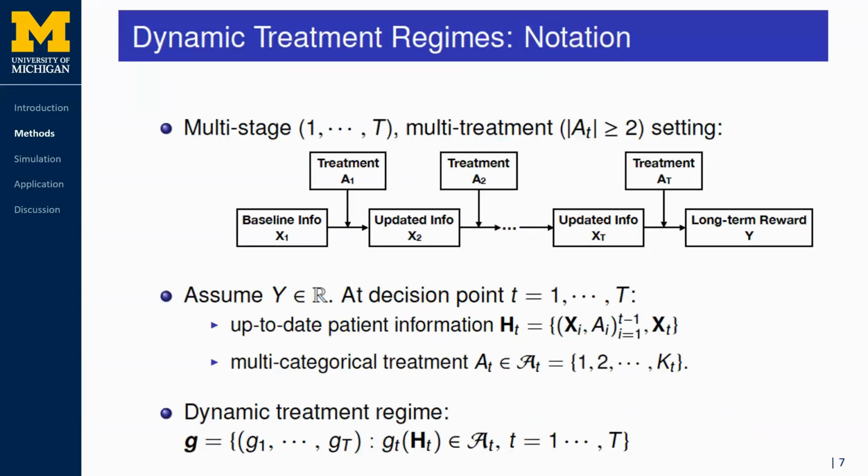So now let's frame everything in our mathematical models to mimic what is happening in real practice. We are going to use X1 to denote the baseline information. Based on the baseline information, you will be able to decide the initial treatment. The random variable for treatment at time 1 is A1.